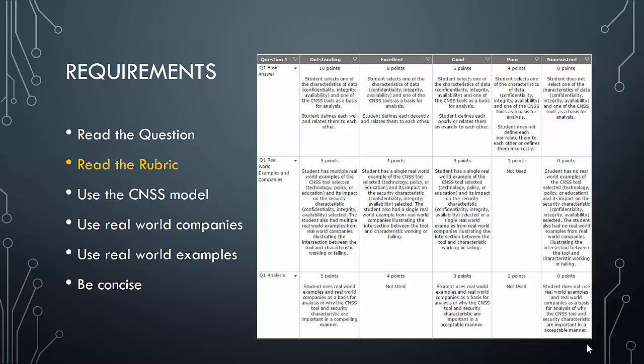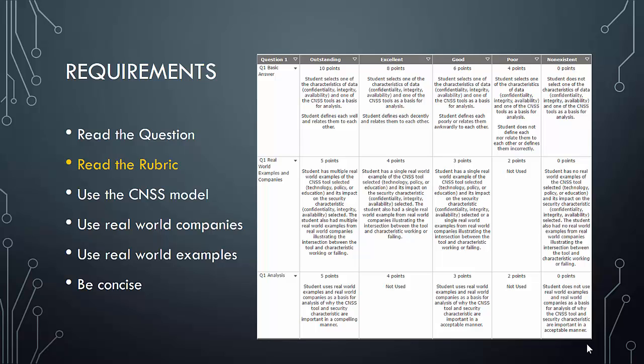That you selected one of the characteristics, you selected one of the tools, you defined each one, and you related them to each other. And if you did that well, you're going to get 10 points. If you did that decently, you get 8. If you did it poorly, you're going to get 6. 4 if you don't define them or relate them to each other. And if you didn't answer the question, you're going to get 0.